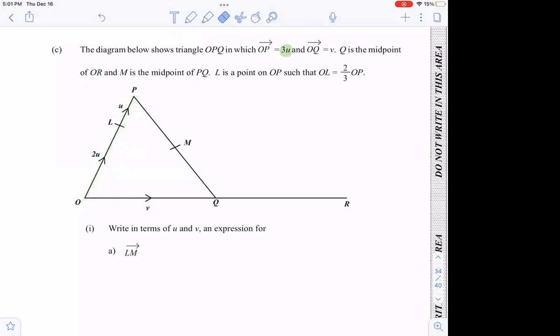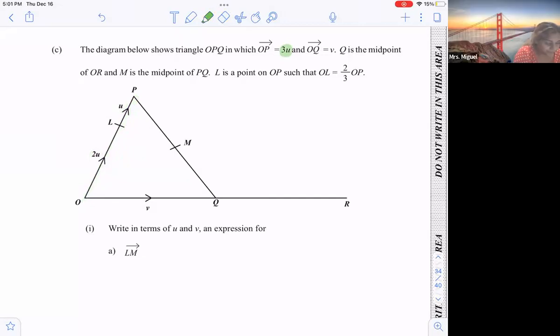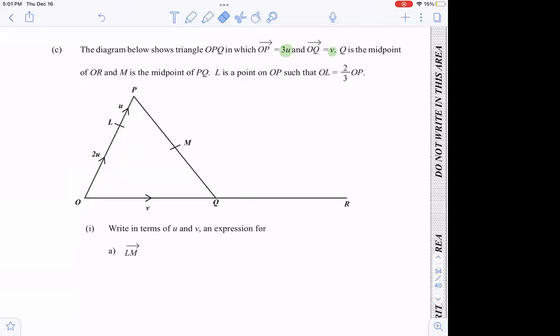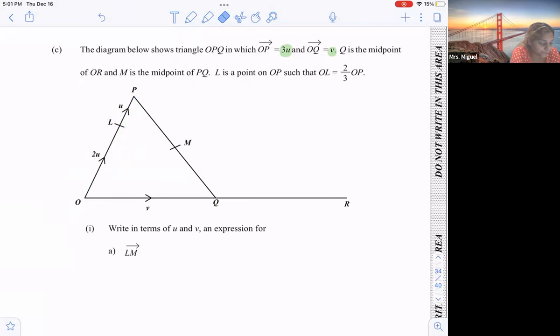And OQ is V. So we have that. Q is the midpoint of OR, and M is the midpoint of PQ. So we want to go from L to M.